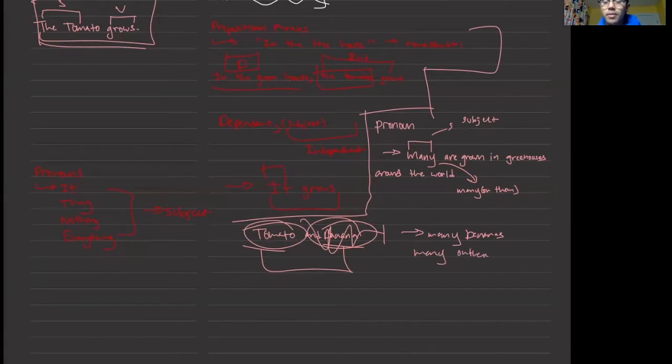But remember, if there are two or more, so let me write this down. If two or more subjects, you must clarify in the next sentence. Two or more, you must clarify. Never forget that.